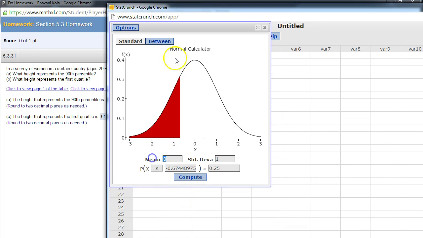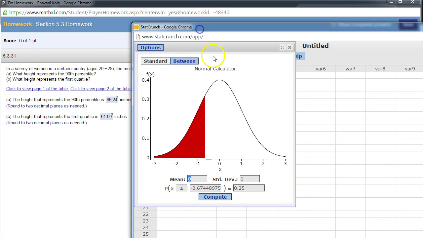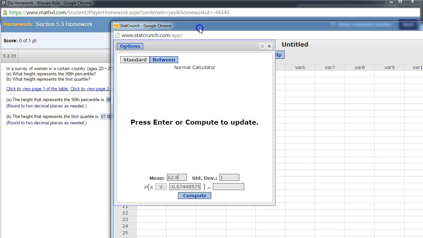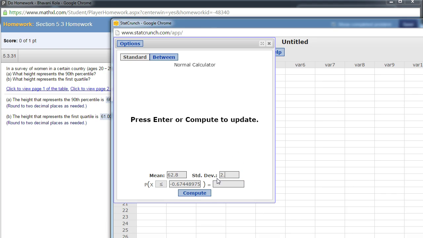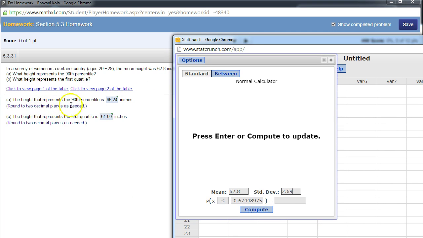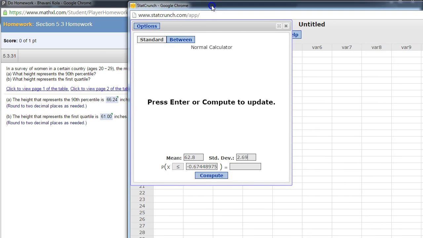So my first step is to change that. They're asking me to find the height that represents the 90th percentile. 90th percentile is 90%, so 0.9, and I compute.